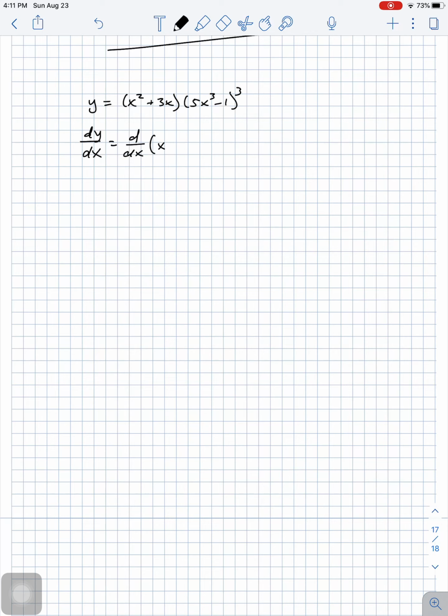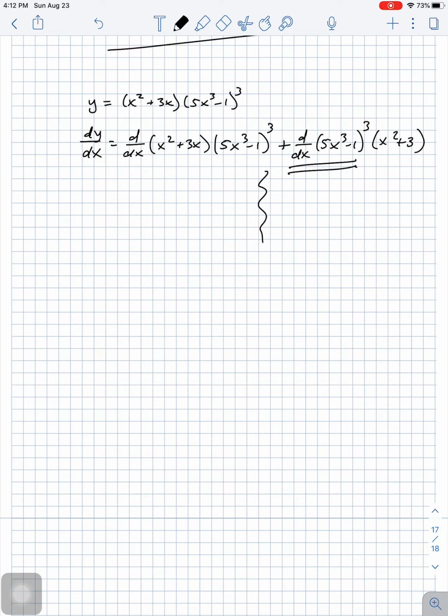So it's the derivative of the first function times the second function plus the derivative of the second function times the first function. And then this derivative is a chain rule. Now, I'm not going to walk this all the way through, but I hope you can see that this is a little bit of a process.